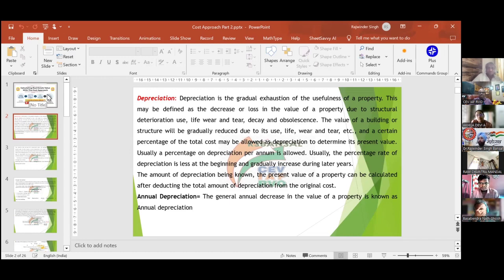If you take it from valuer's point of view, it is basically loss in the value of the property with the passage of time because of structural deterioration, life, wear and tear, decay, and obsolescence. These are certain factors which affect the depreciation part of the building.